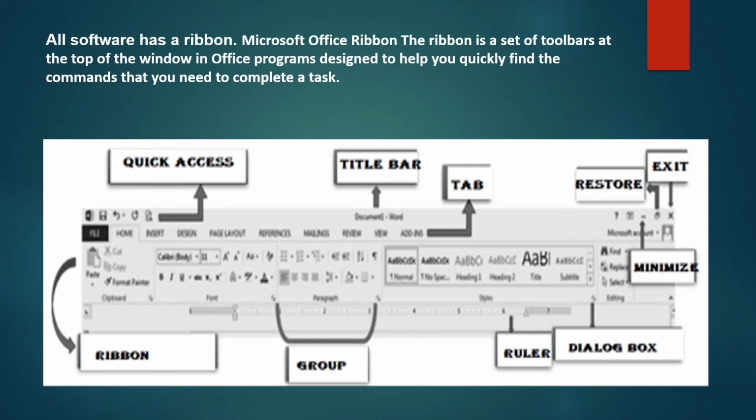Then you have the group. It depends on what type of tools you open. Then we have the ruler and the dialog box. The dialog box will tell you exactly your location or your position.